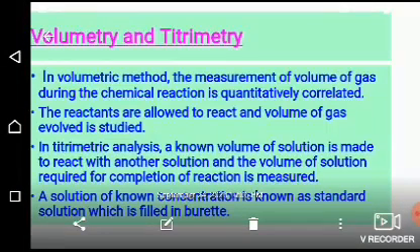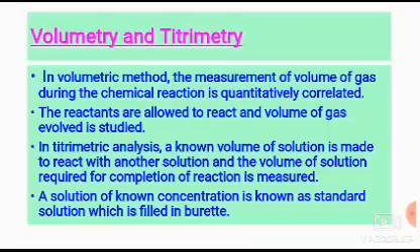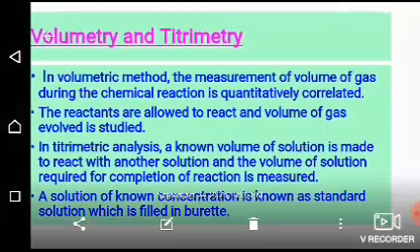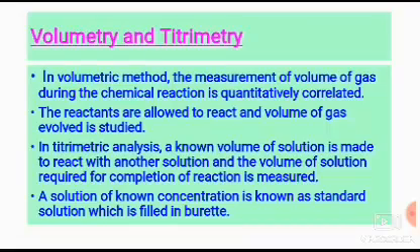Now we are performing titrimetry instead of volumetry. In titrimetric analysis, a known volume of solution is made to react with another solution and the volume of solution required for completion of the reaction is measured. In titration, you take a solution whose concentration is known and fill it in a burette.